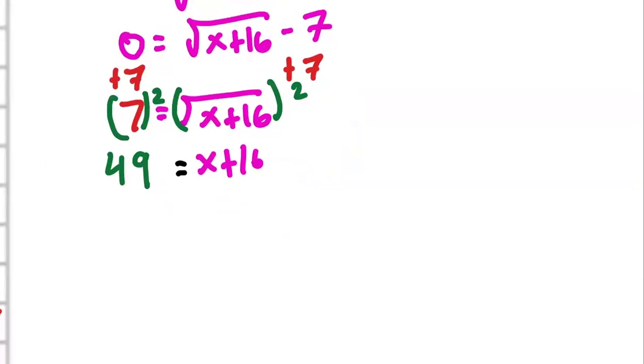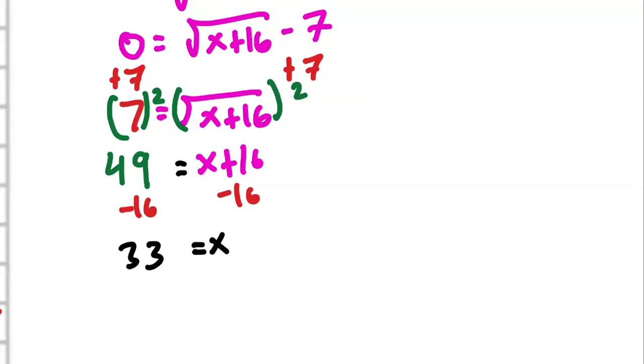And then just solve for x, minus 16, minus 16. x is equal to 49 minus 16, which is 33. So x equals 33 is your x-intercept.